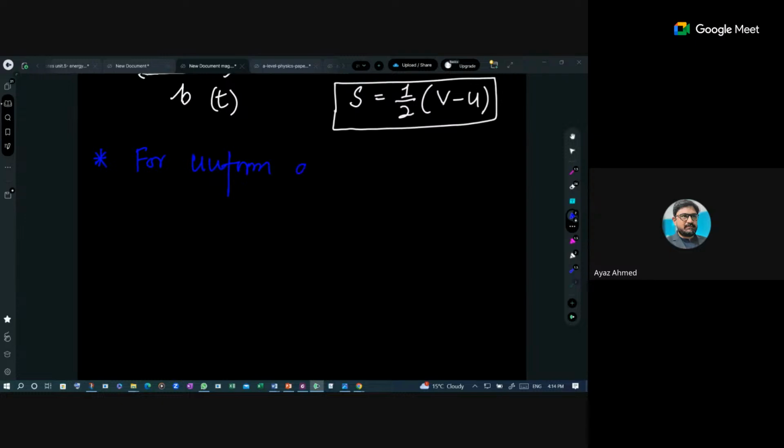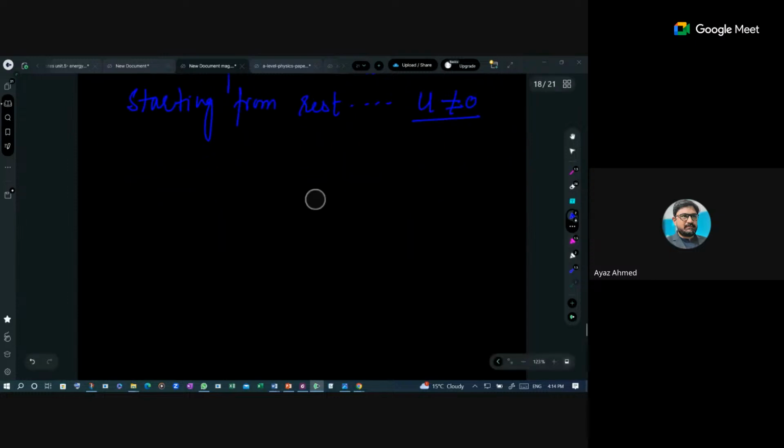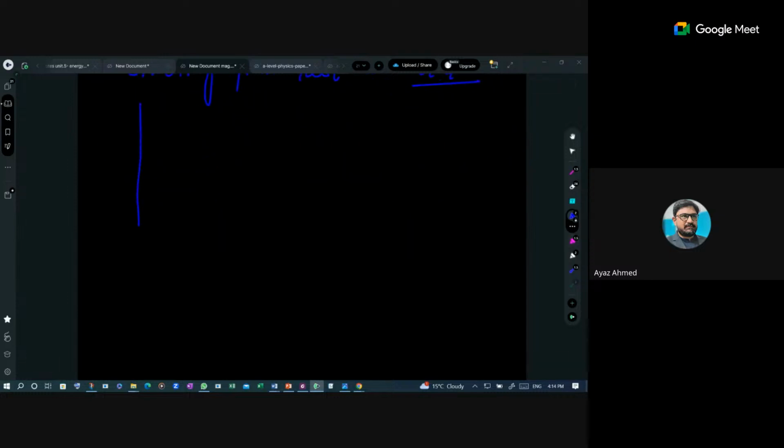Uniform acceleration but not starting from rest means your u is not equal to 0. When initial velocity is not equal to 0, your graph will not pass through the origin. Am I right? Do you agree?